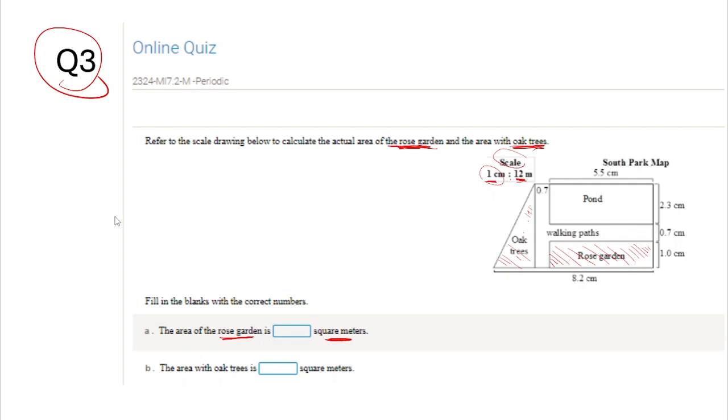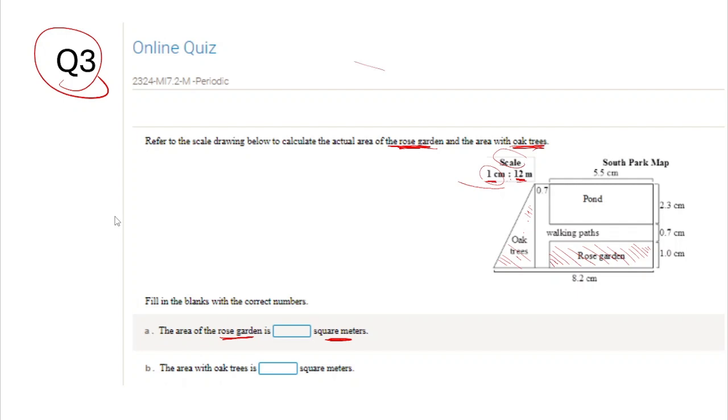So we need to know the area of the rose garden. Okay, now, as we did in question number 1, the first thing we need, this is not the actual length, this is the drawing length, right? Like before. So, of course, we will need to get the equation.